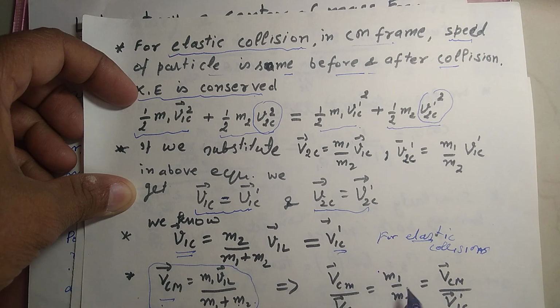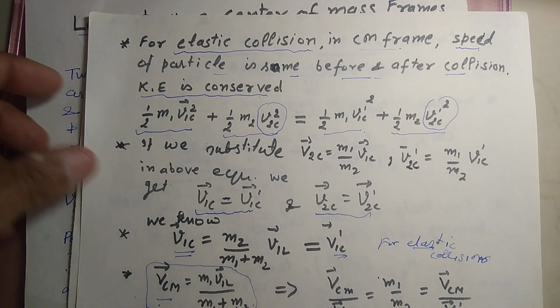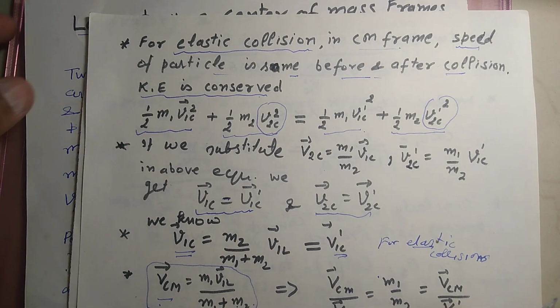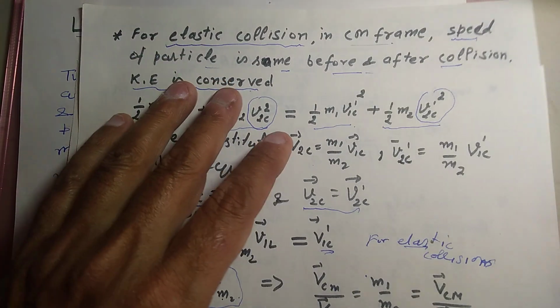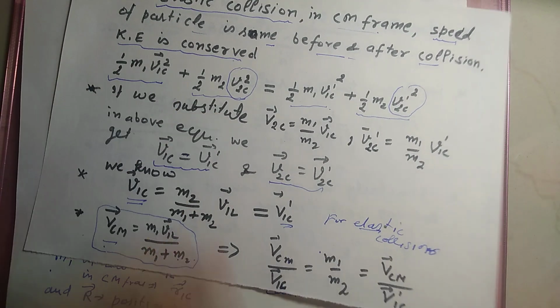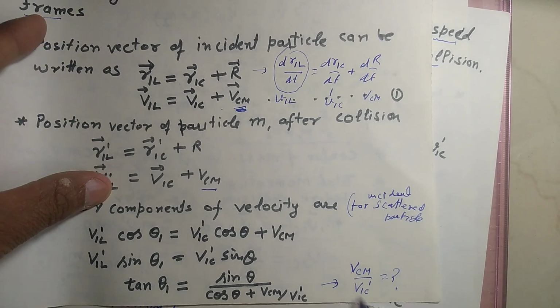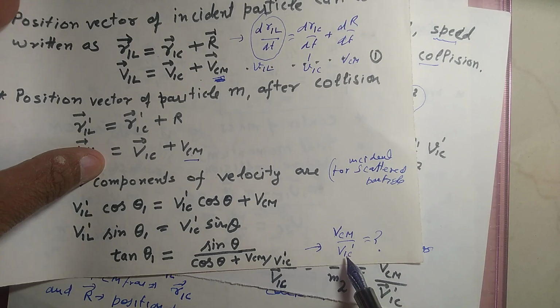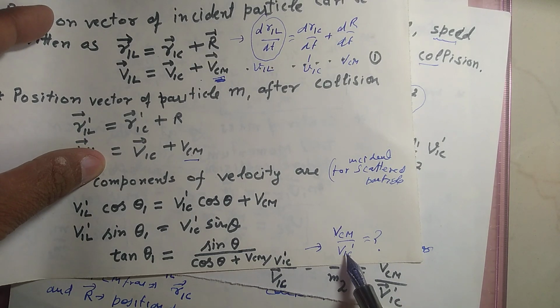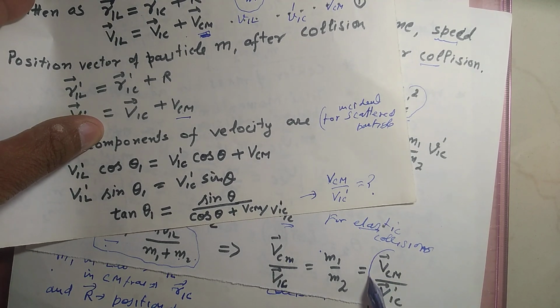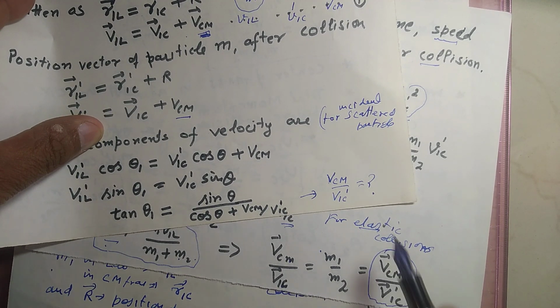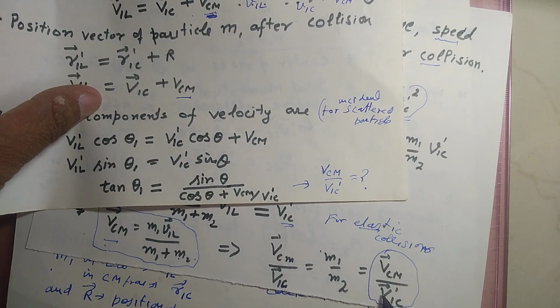Earlier our objective was this vcm divided by v1c, and now we have evaluated this quantity. This quantity is equal to m1 divided by m2.